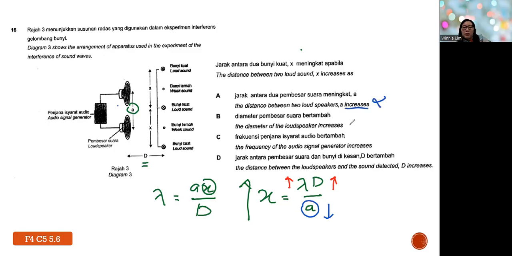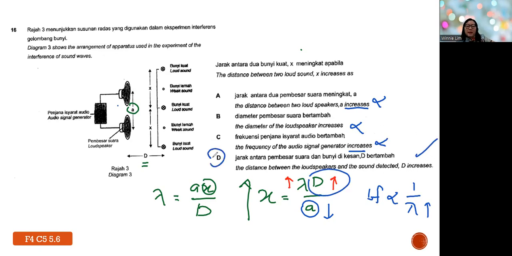The diameter of the loudspeaker increasing has nothing to do with this question, so cannot. The frequency increasing is not correct, because frequency is inversely proportional to wavelength. We want a bigger wavelength, so frequency should be lower, so also not accepted. Lastly, the distance between the loudspeaker and D increases. You see, it increases, correct? So the answer is D.